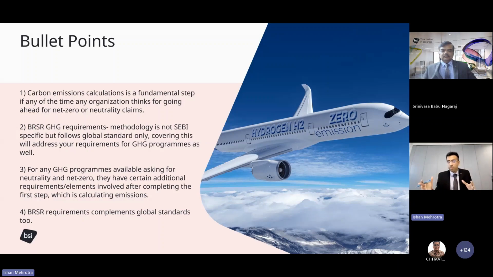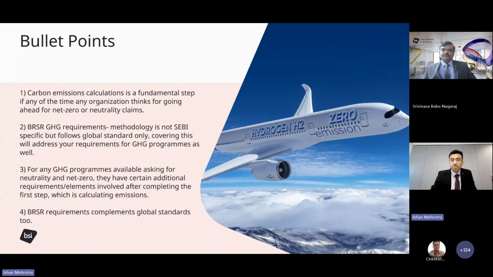That's a very important point because a lot of GHG programs, be it ISO or neutrality or net zero, have certain additional requirements, but the fundamental thing is they all ask for your baseline data against which you want to set reduction targets.